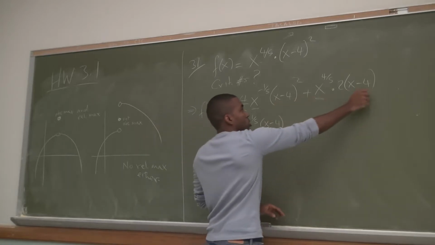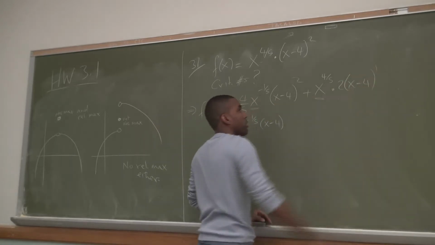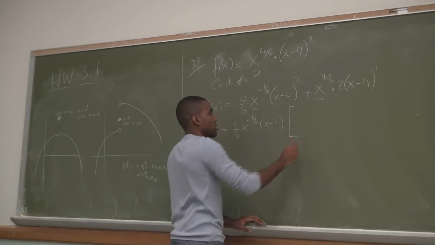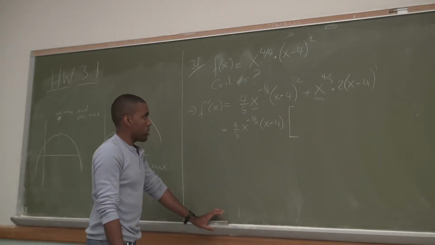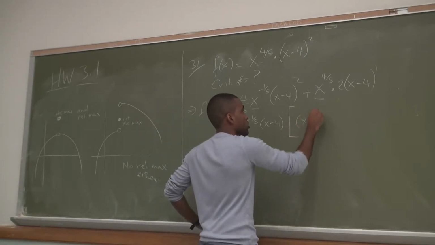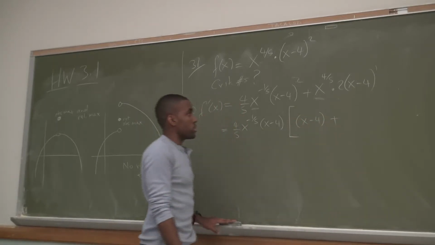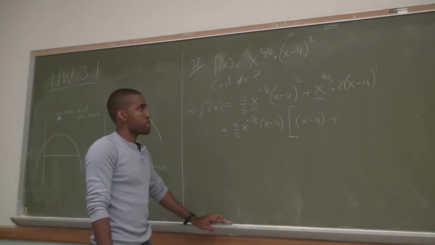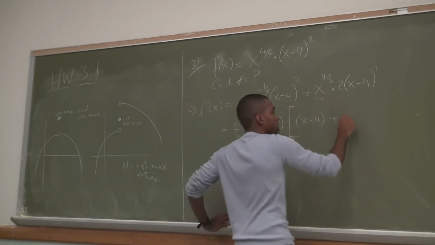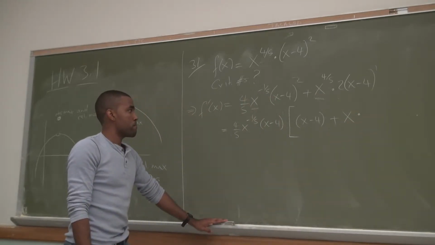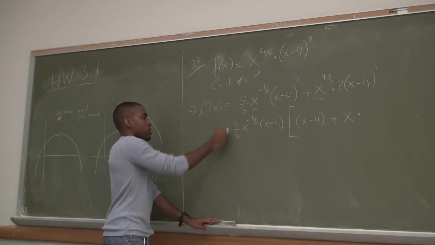X minus 4 is also a common term. The lowest power is 1, so I factor out that and I write what's left inside. I just have x minus 4 plus, what would I be left with? It wouldn't be a 2. I took out a 4/5.